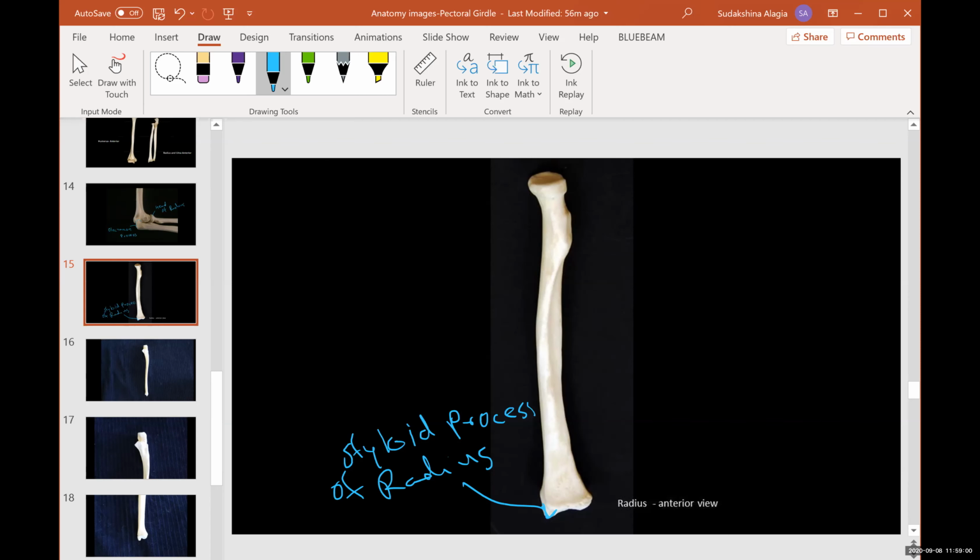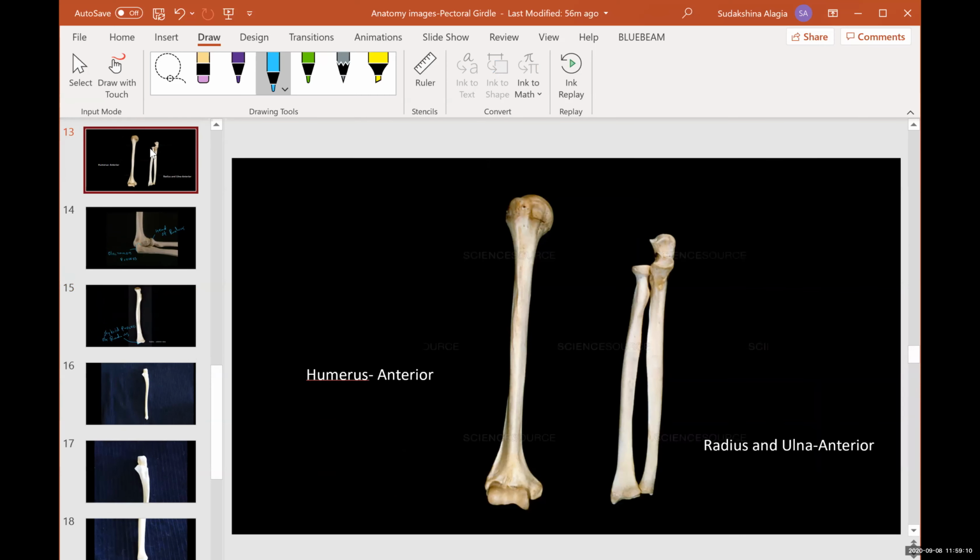And then what else do I have? I have ulnar notch. Okay. So ulnar notch literally means, see how these two bones are together here? Radius and ulna, this is how they articulate. Also, this is the location. Radius is on the lateral side of your forearm.